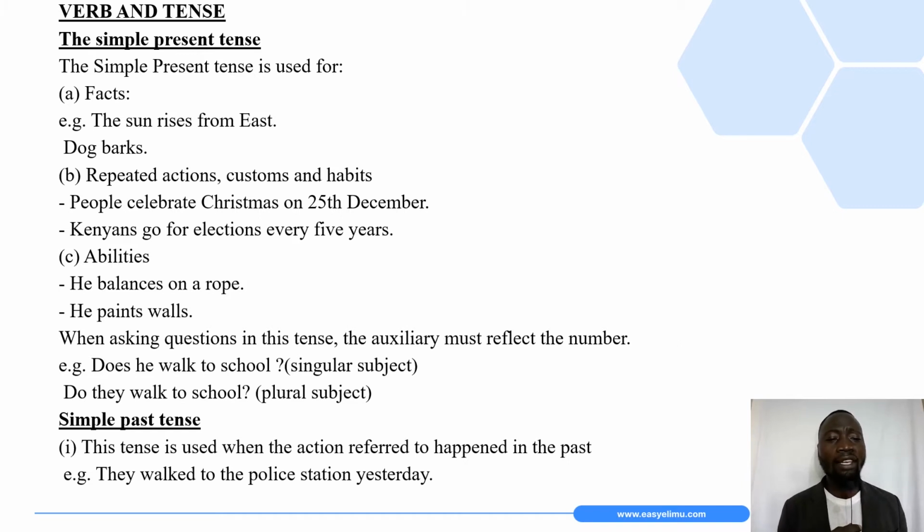The next tense that I'd like us to look at is the simple past tense. This tense is used when the action referred to happened in the past. For example, they walked to the police station yesterday. That talks about something that happened at a point in time in the past.